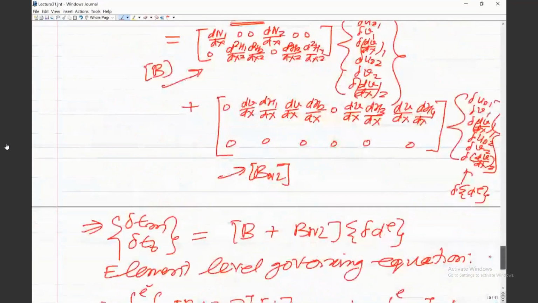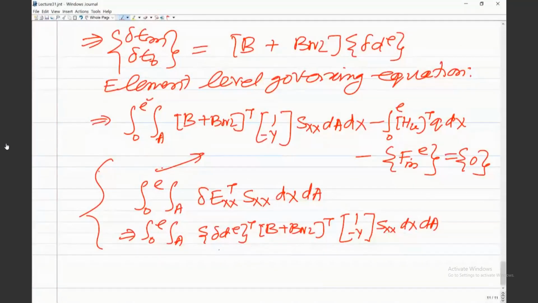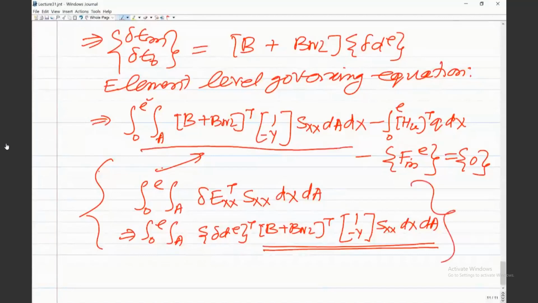So that is what is written here: delta D transpose into B plus BNL transpose into 1 minus y into Sxx dx dA. And then, since delta D is arbitrary, you take that out and write the rest of the terms. That is how you get this term finally, which I have written over here directly. So is it clear? Yes, yes, sir.